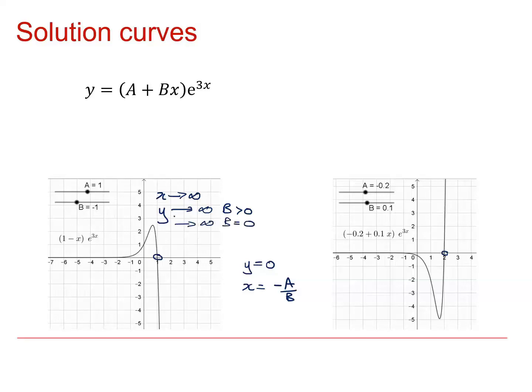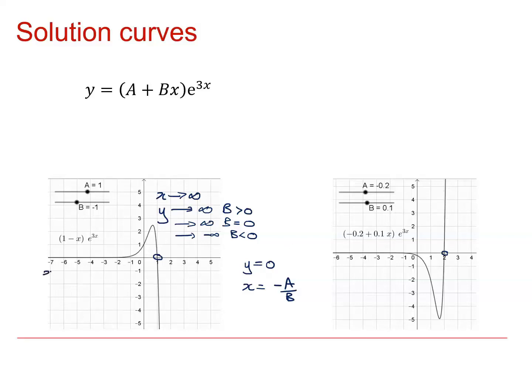In fact, it's just y is equal to a e to the 3x. Or it will tend to minus infinity if b is less than 0. And you can see here that's what's happening there. And here it's tending to plus infinity.